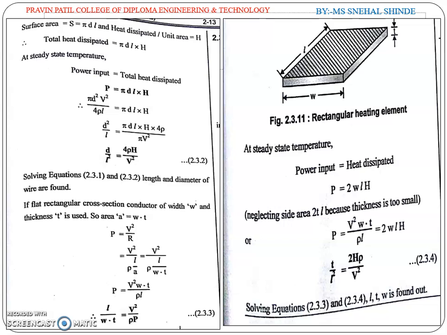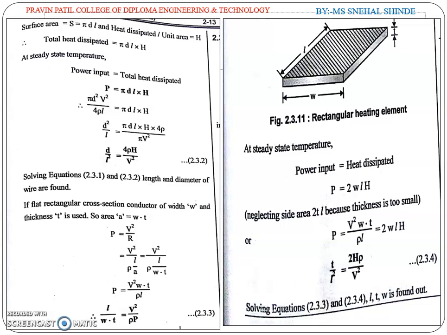Now surface area S equal to pi dl and heat dissipated per unit area equal to H. So therefore total heat dissipated equal to pi dl into H. At steady state temperature, power input equal to total heat dissipated. So the power formula is pi dl into H.